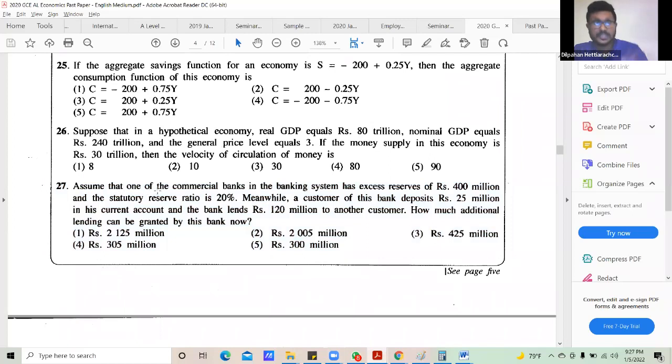Assume that this is a 2020 paper, the latest paper that you can attempt from past papers. So if you feel this is tricky, that means you are not ready for the paper and you have to work a lot.